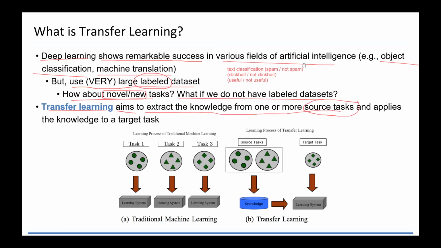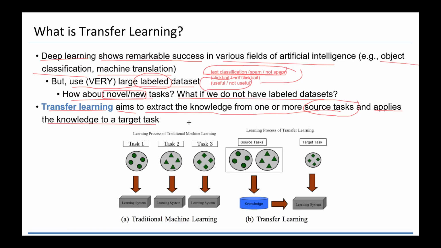Maybe we already have the data about text classification for spam or not spam, and we want to apply it to a target task. We want to transfer the knowledge to something about the class, whether it is useful or not useful.